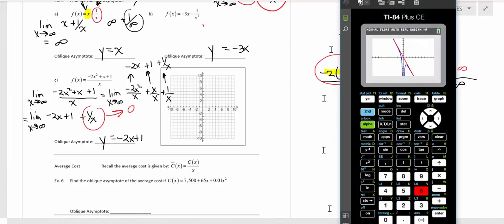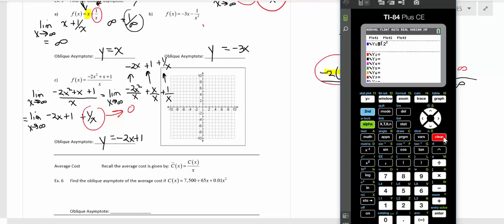Okay, so we're going to make a little sketch on this one and just do this on the calculator. Let's see visually how this thing looks. You want to put in the original problem. You would want to put parentheses in the numerator, negative 2x squared.